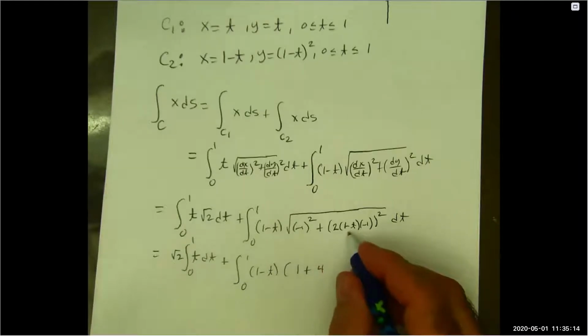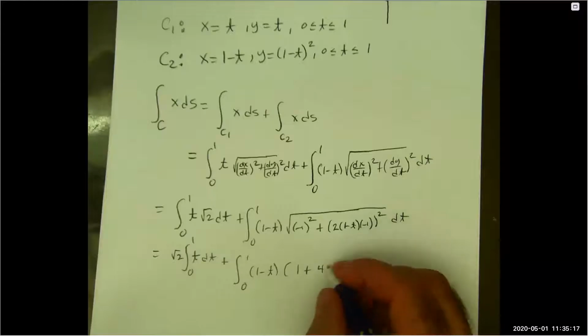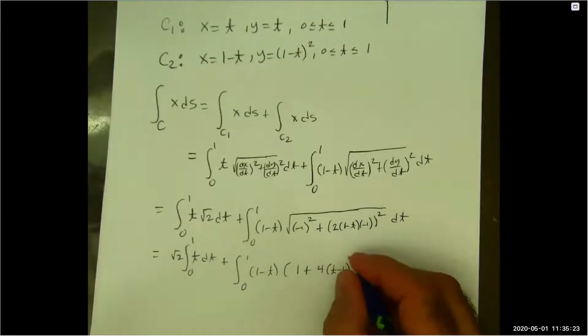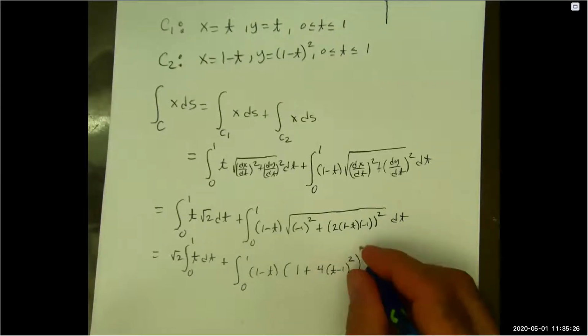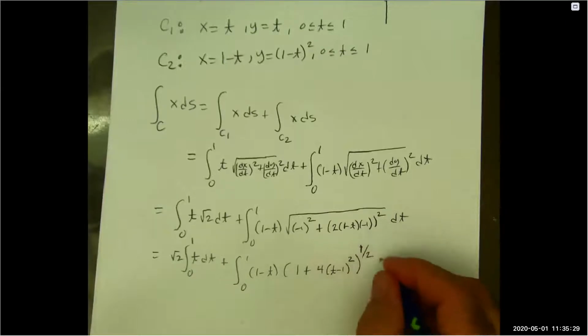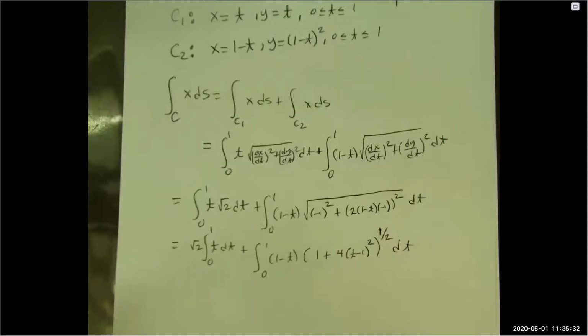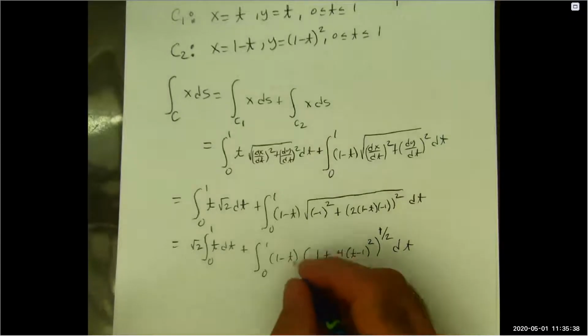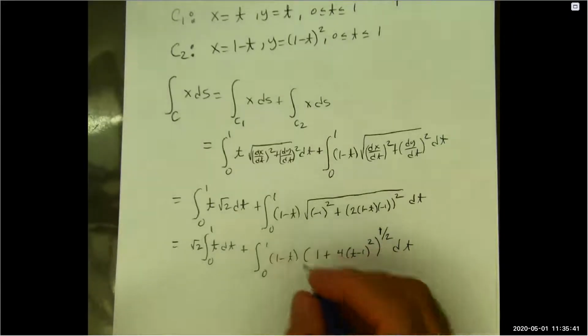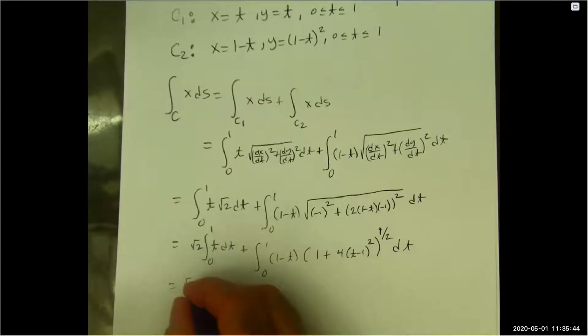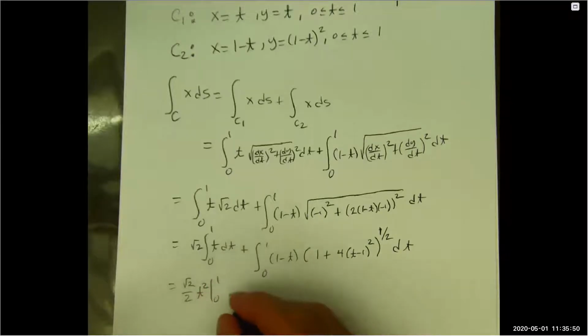And 1 minus t squared is the same thing as t minus 1 squared, so I'm just going to write it as t minus 1. So I have that. All right, and so what I can do is factor out a minus from this one. And so here I'm going to have root 2 over 2 times t squared from 0 to 1. And the second one I'm going to have minus the integral from 0 to 1 of t minus 1.